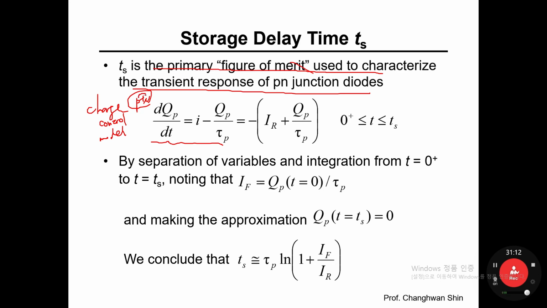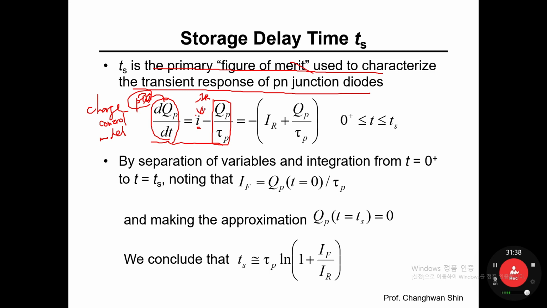So all the holes stored in the N side are denoted as Qp. So dQp/dt is determined by how much current is flowing and how much recombination has happened. Since now we are talking about the transient response from on to off, this current becomes minus IR, the reverse current.